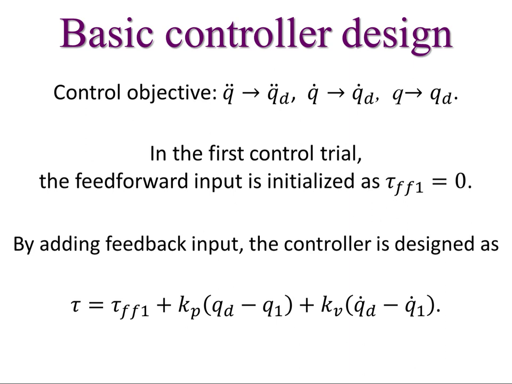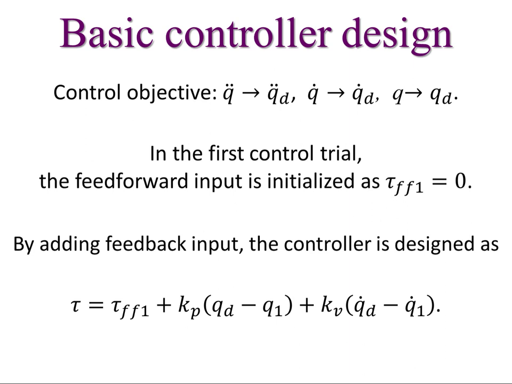These feedback inputs have the same effect as in the computed torque method and adaptive control, which allow the actual joint angle and angular velocity to follow the desired ones.